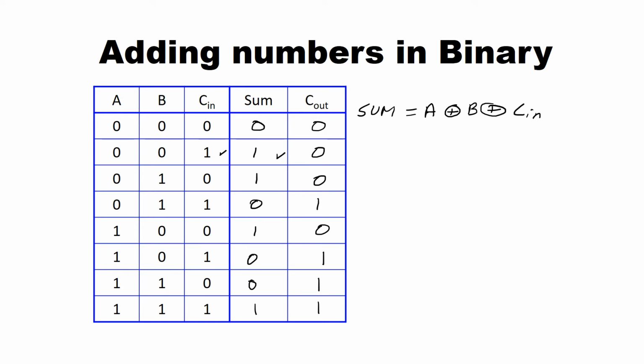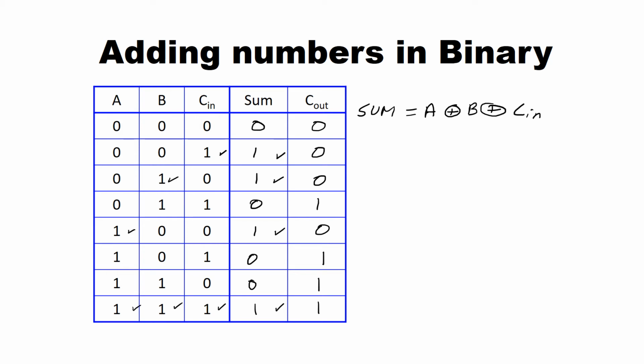So here I have an odd number of 1s as input, right? Just 1. Here again, I have an odd number of 1s as inputs. Here I have an odd number of 1s. And finally, here I have an odd number of 1s, right? That's really what exclusive ORing does, if you have one or the other, but not both. So this hopefully should make sense. Exclusive ORing A, exclusive ORed with B, exclusive ORed with carry in.